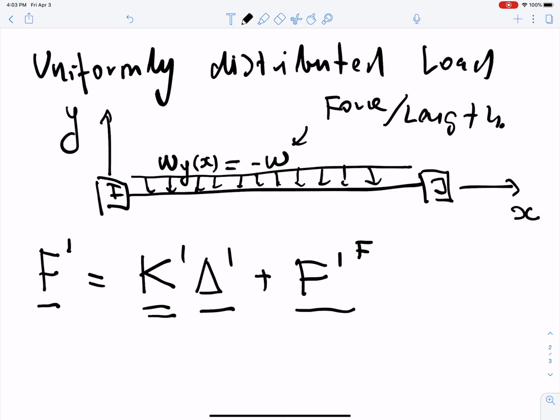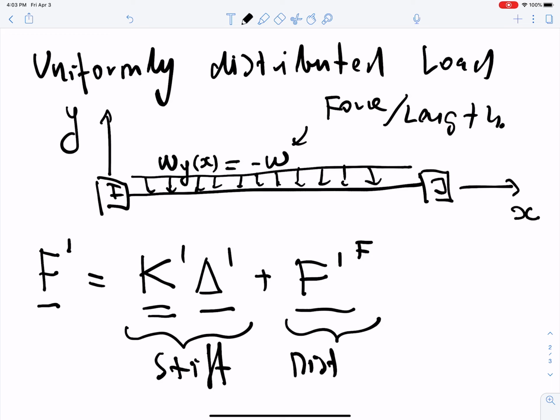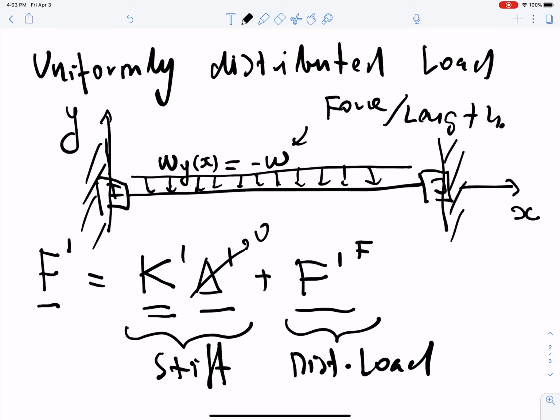And so in a way, the effects of the stiffness and the effects of the distributed loading are considered separately. And so as a result, when we consider the effects of distributed loads, we have to set this guy to 0, which is the same as cantilevering node I and cantilevering node J like this.